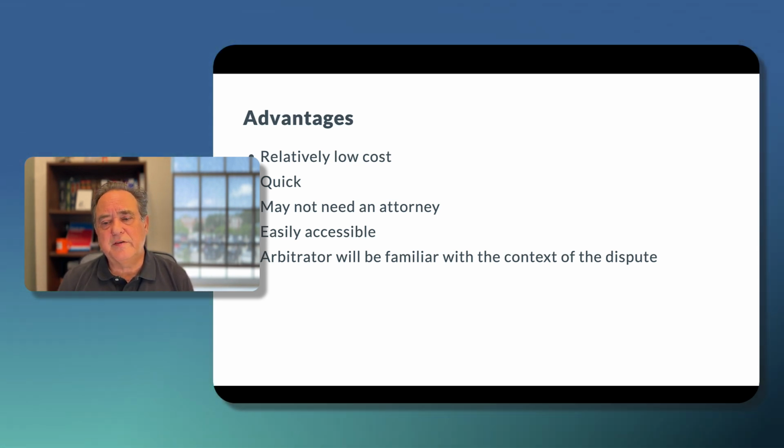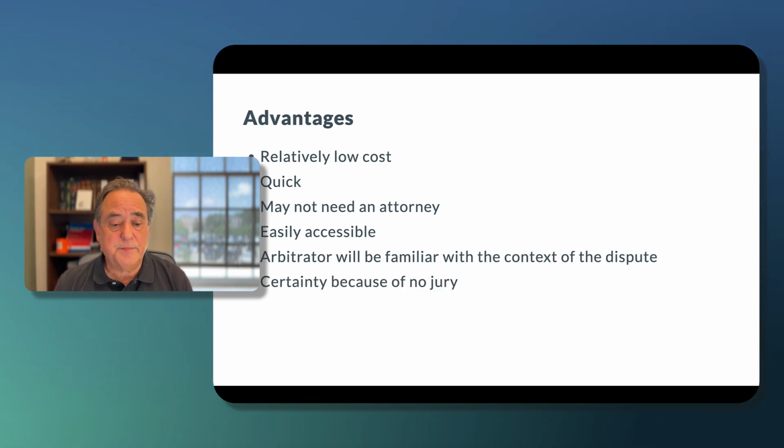The arbitrator will be familiar with the context of the dispute. So if it is an employment claim that's going to be arbitrated, the arbitrator will be familiar with employment claims, and so will already have knowledge and won't need to be educated in the way that a jury would, or potentially a regular district court judge would.